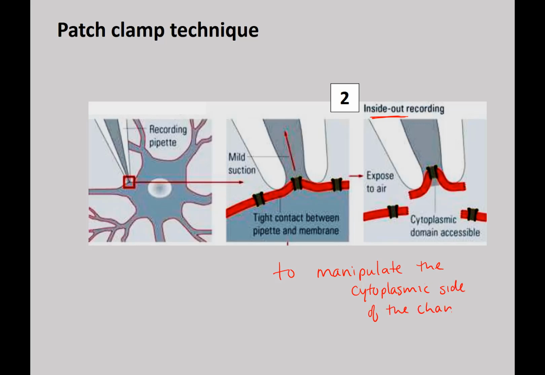So now we're going to look at very specific channels. How we do that is we apply the patch clamp and then we pull it away. So we're removing this little channel and part of its membrane from the rest of the cell.